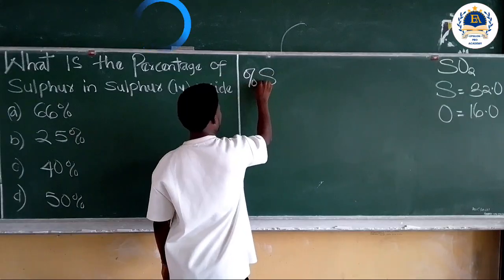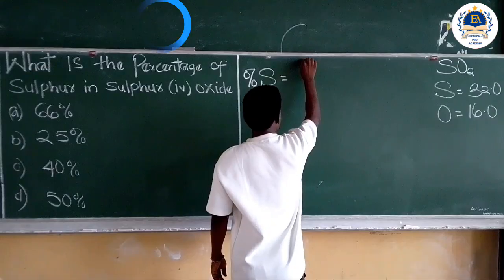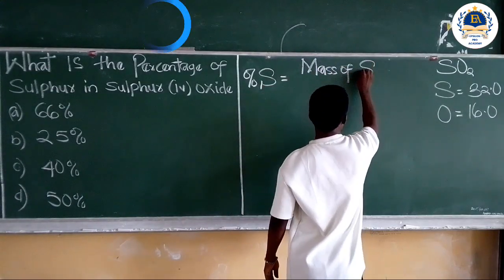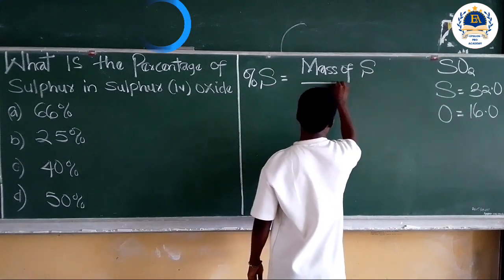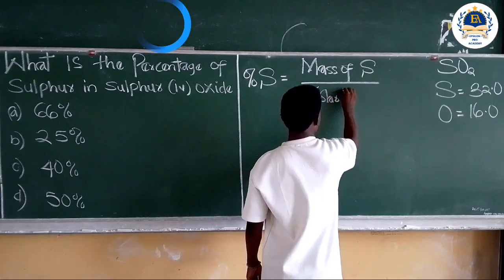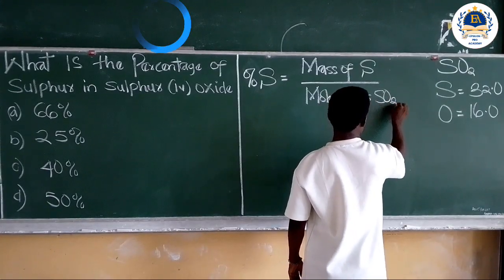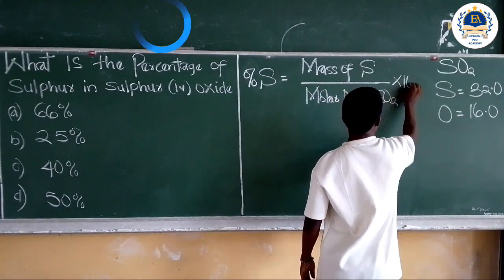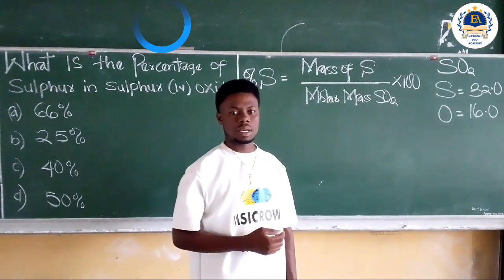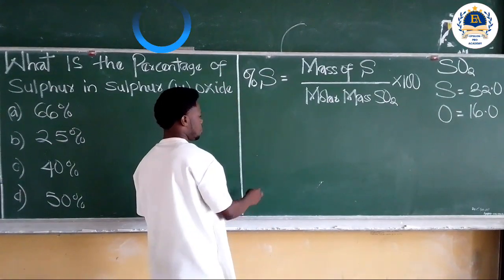Percentage by mass of sulfur in SO2 is given as the molar mass of sulfur from the compound divided by the molar mass of SO2 times 100. This is the formula that is going to be used to determine the percentage of sulfur in SO2.